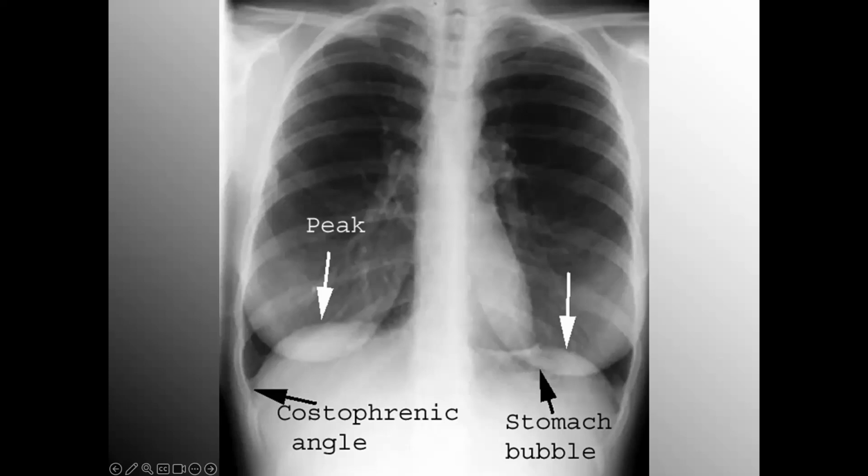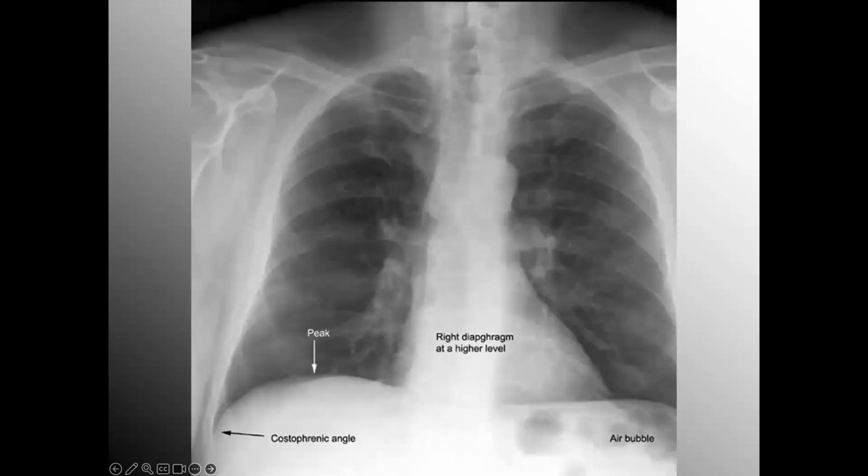You see where they're labeling that costophrenic angle. It could be an optical illusion if an anterior rib is crossing over at just the right spot. Otherwise, recall that a blunted costophrenic sulcus can indicate a pleural effusion is present, and that's very important to note.